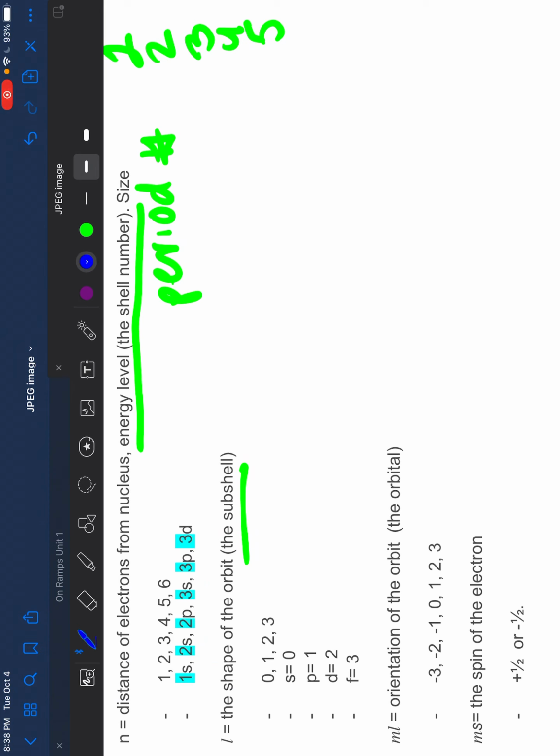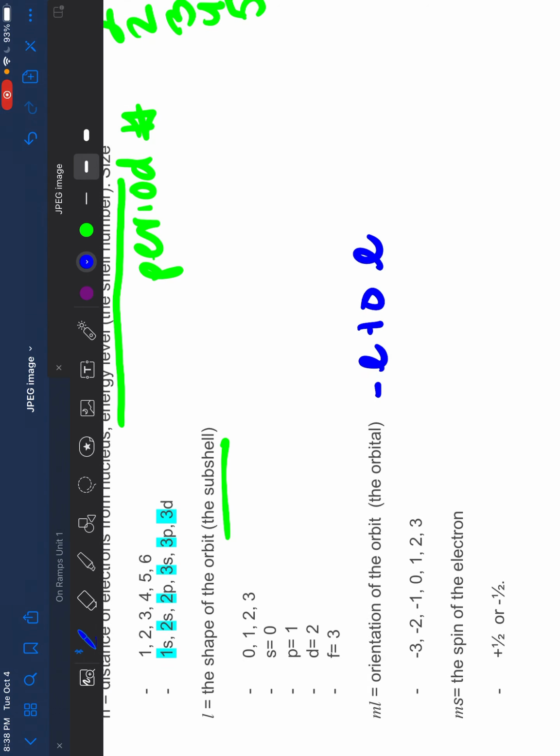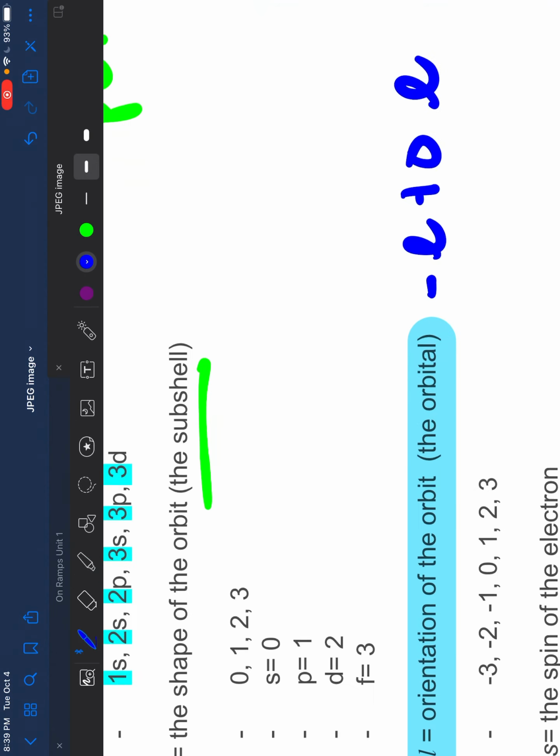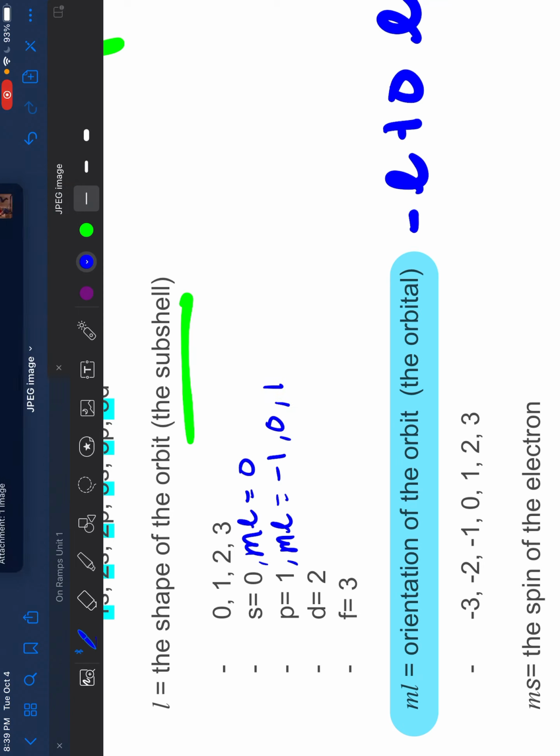ml is the orientation of the orbit, and you find ml using negative l to positive l. So if you have an s value, l of 0, ml is going to be just 0. If you're in the p block, you have an l value of 1, so ml will be negative 1, 0, 1.